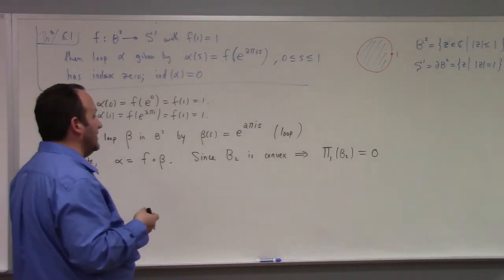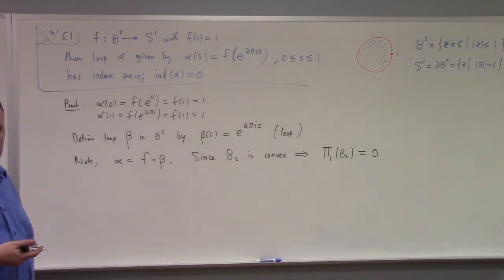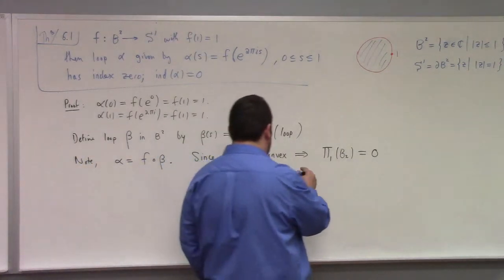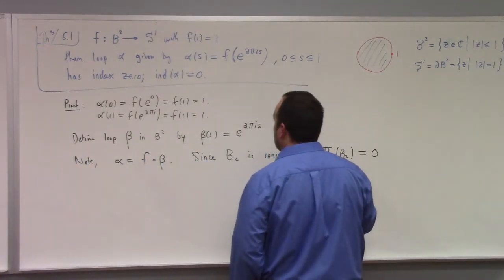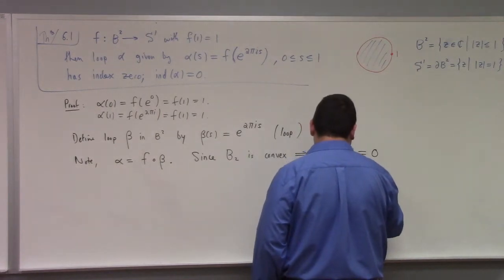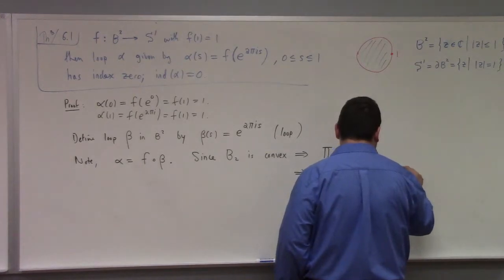Right, so all loops based at 1 are homotopic. So that means that alpha is homotopic to the constant.